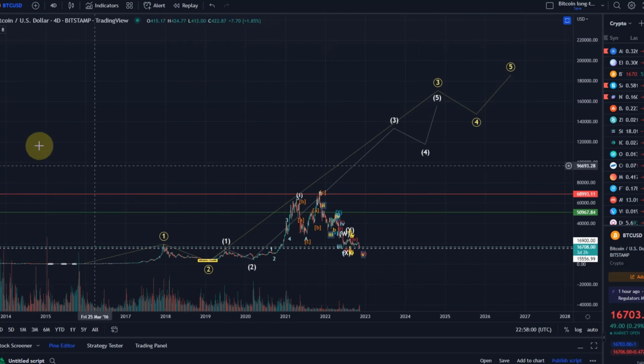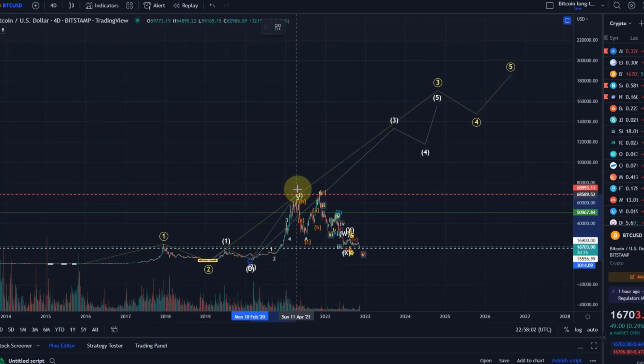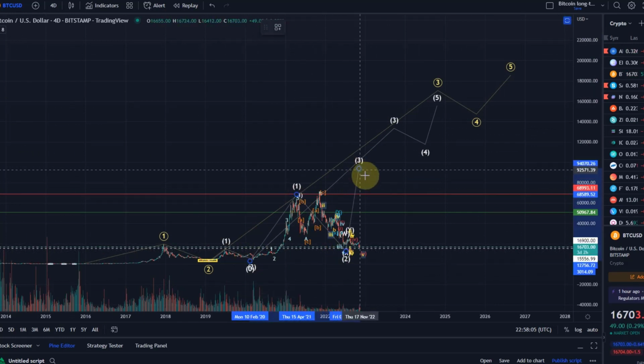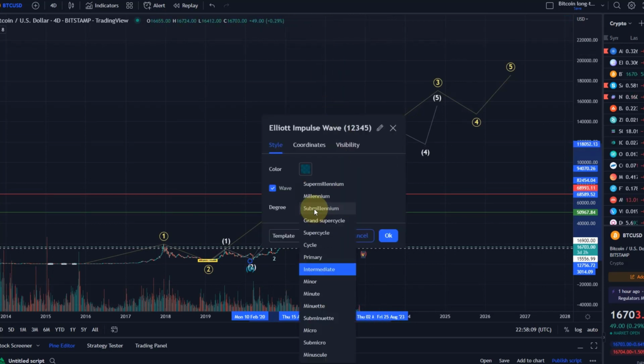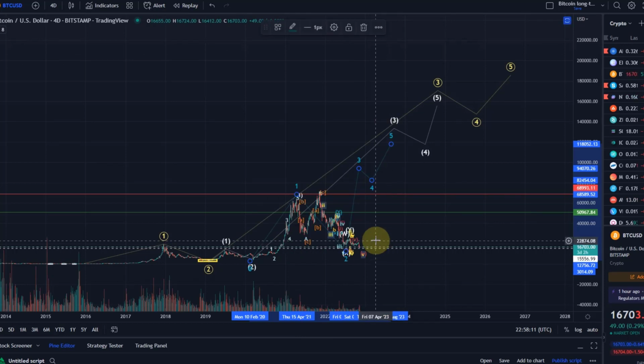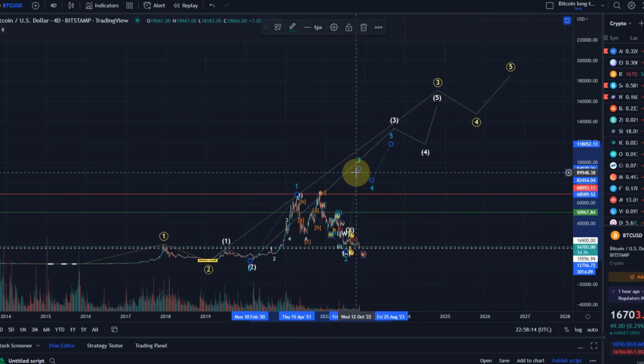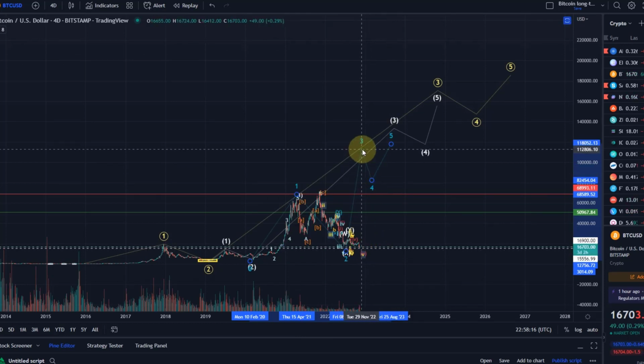Because really, let me just show you. If we say this was a 1, 2, 3, 4, 5, again, make that a different color and degree, just to show you the target for this wave 3, for example, here in blue.